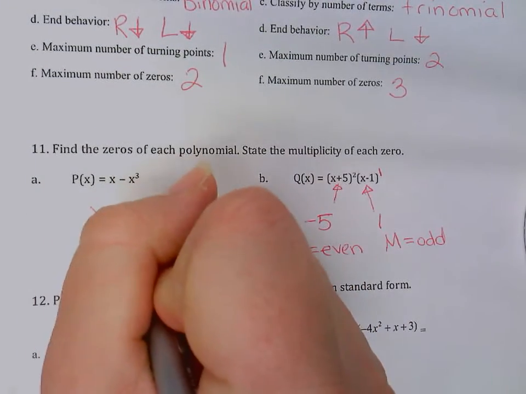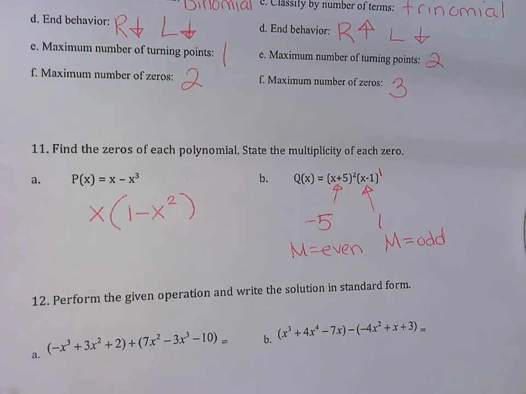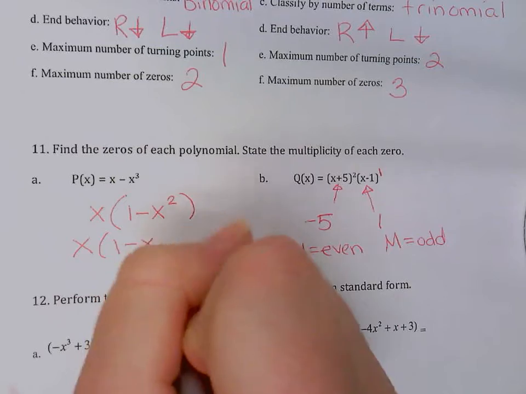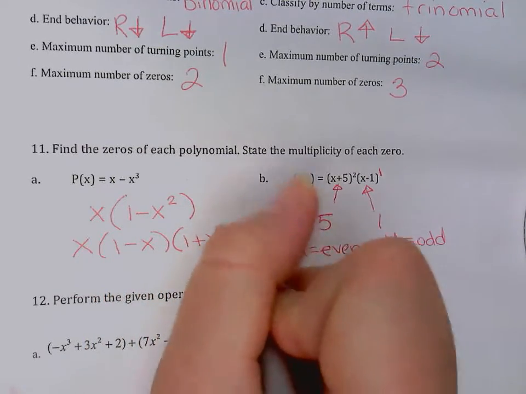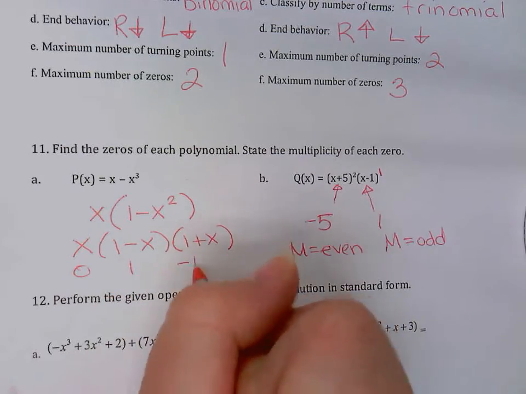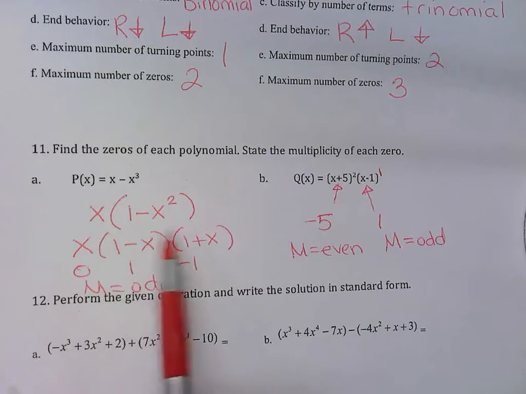So x is my greatest common factor, and then I would have 1 minus x squared. This is a difference of squares, so x times 1 minus x and then 1 plus x. So I have 3 x-intercepts at 0, at 1, and at -1, and they all have odd multiplicity because they all are to the first power.